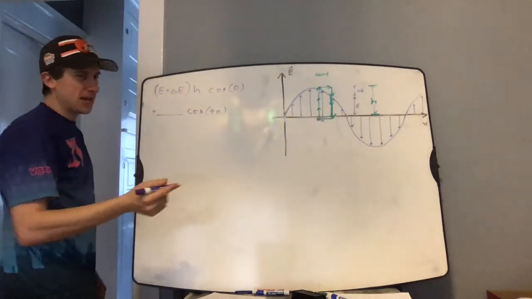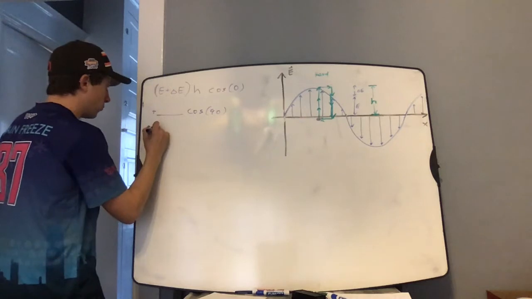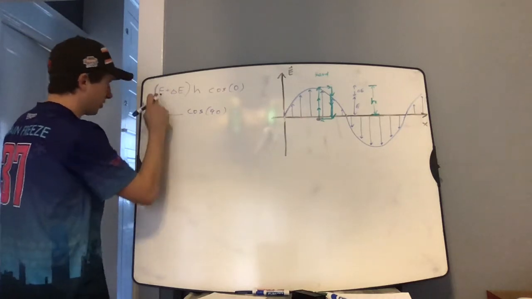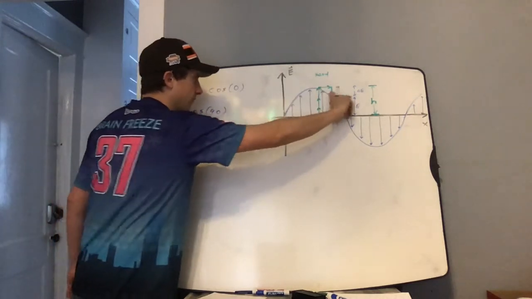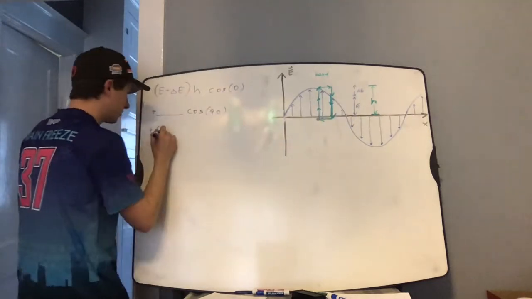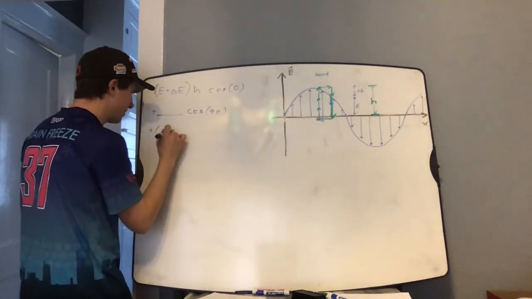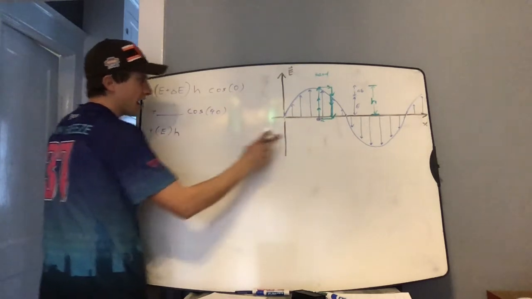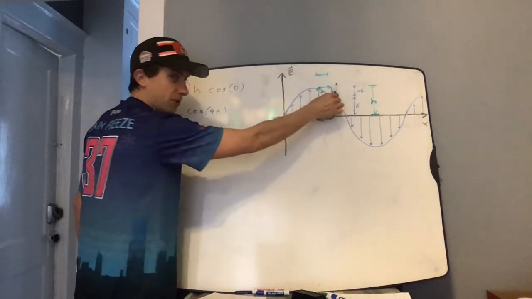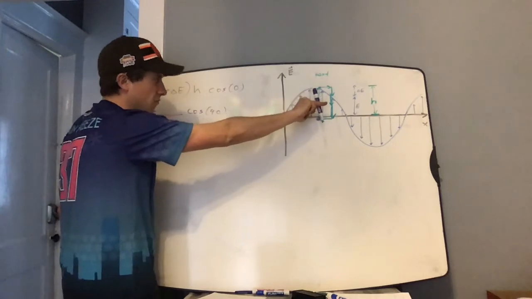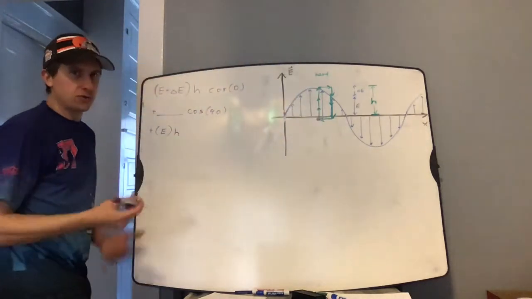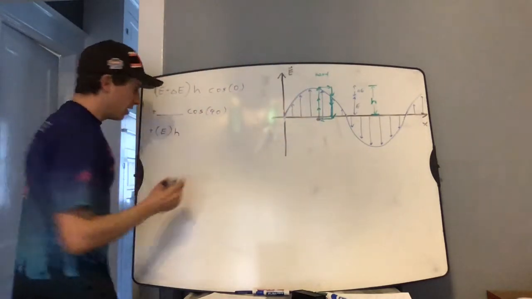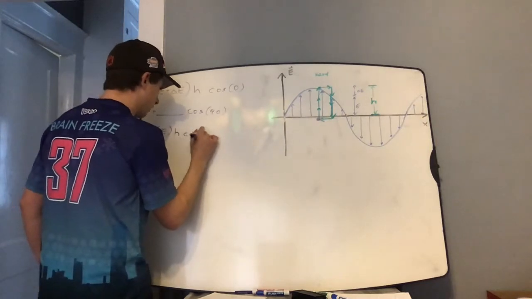On the path downward, I am walking in a region where the electric field has a strength E only. The distance I walk again is h. Now the electric field points up, but the direction I'm walking is down. Those two directions are perfectly opposite, so I have cosine of 180.